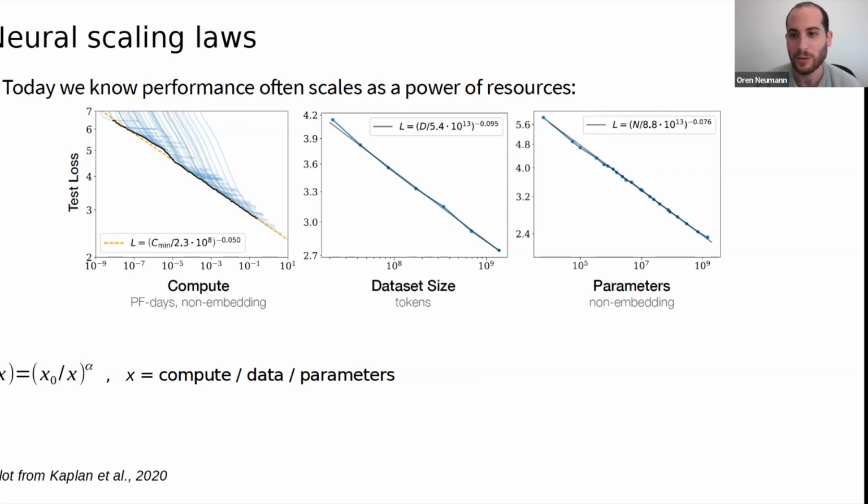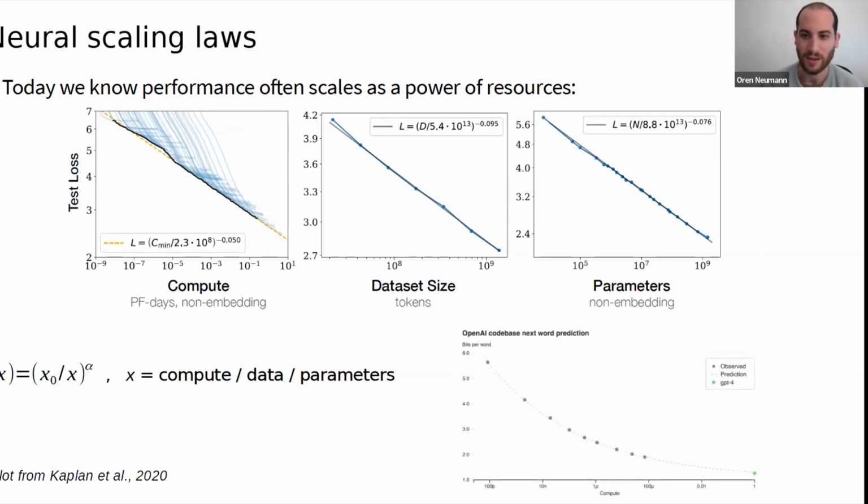So for example, if you look at test loss scaling with the number of neural network parameters, this scaling law is only applicable when you have infinite data and infinite compute. Or more realistically, when data and compute don't hinder the training of the network, only the parameters do.